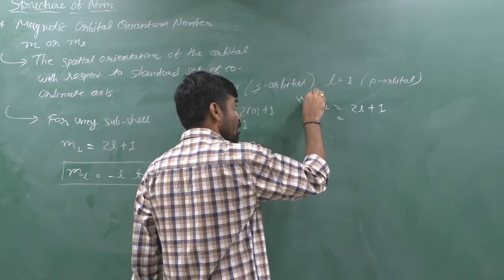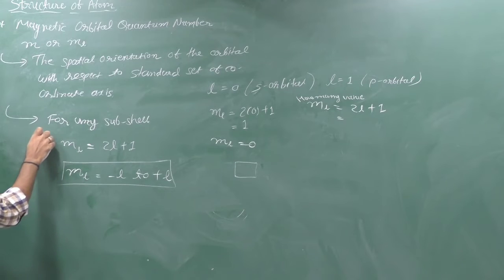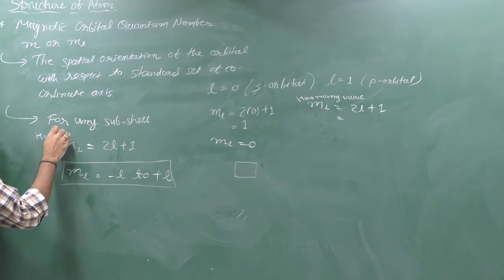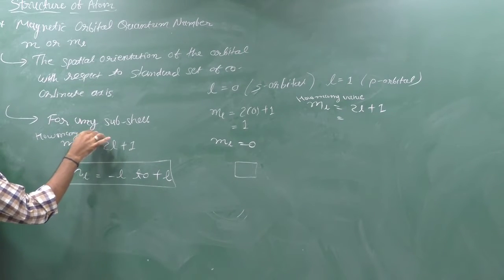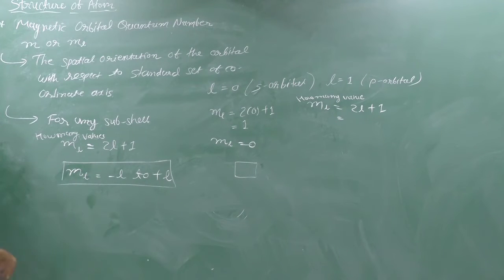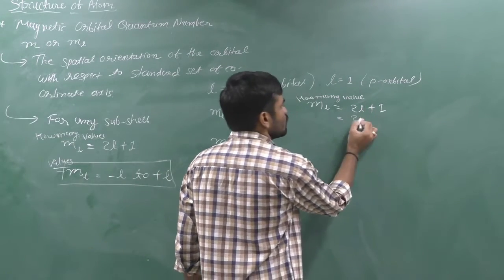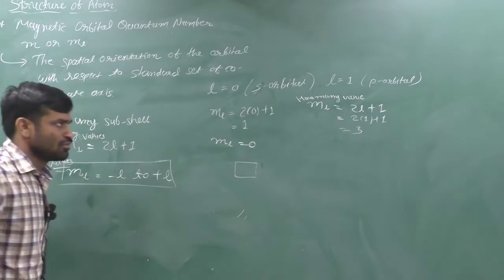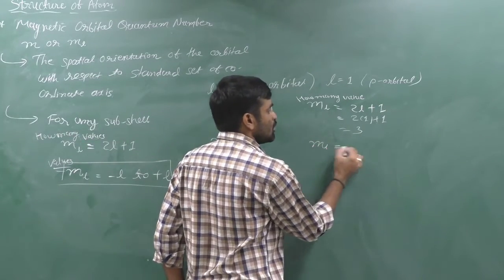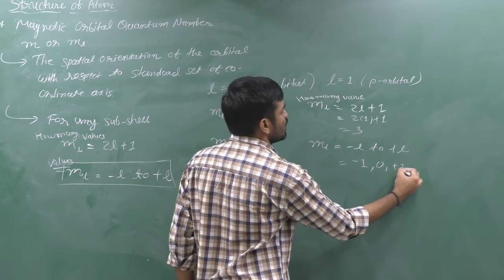How many values? 2 into 1 plus 1, which is 3. The values are minus L to plus L, which is minus 1, 0, plus 1.